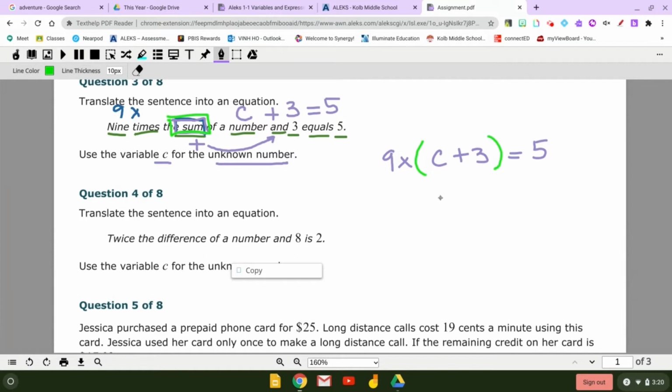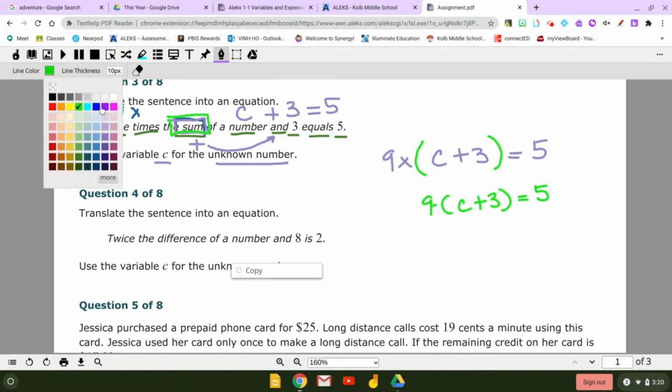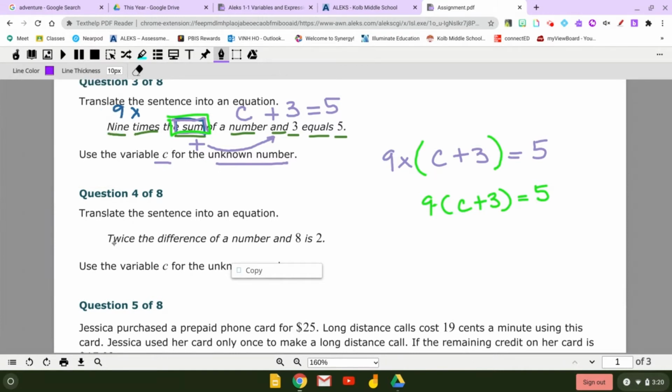So the equation will look like this: 9 times c plus 3 equals 5. Okay, we don't need to write multiplication. It's not wrong if you put a multiplication there, but the computer may just want you to do this: 9 and then parentheses c plus 3 equals 5. That's it.